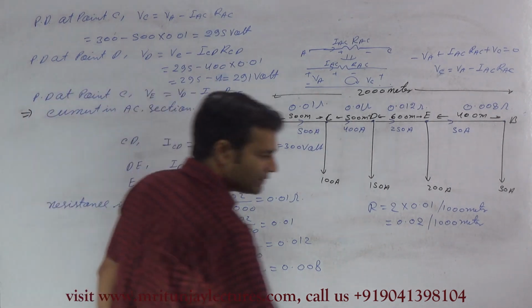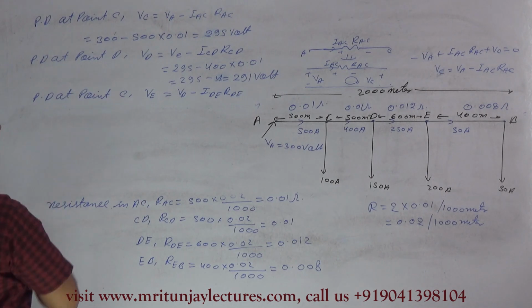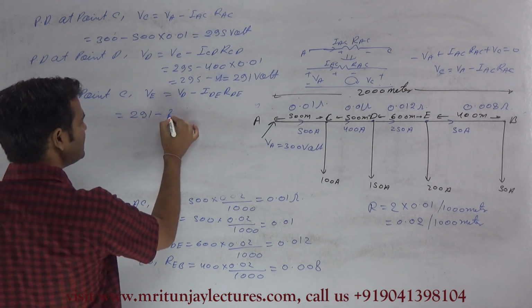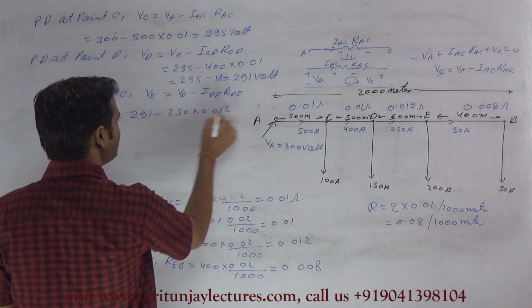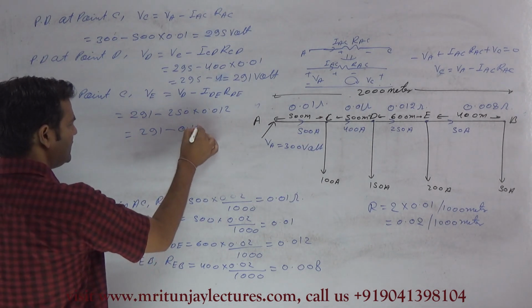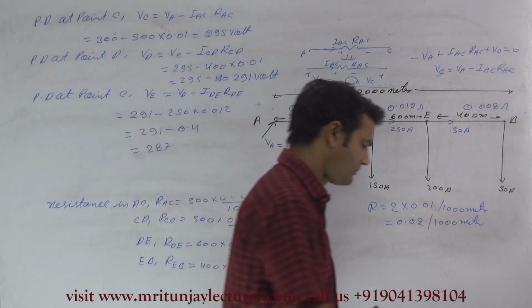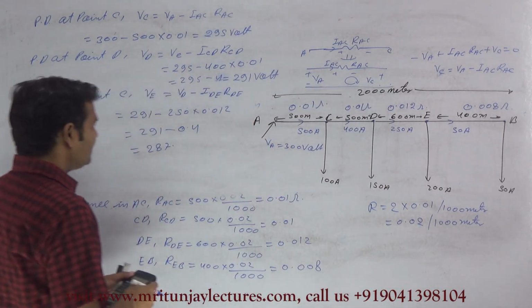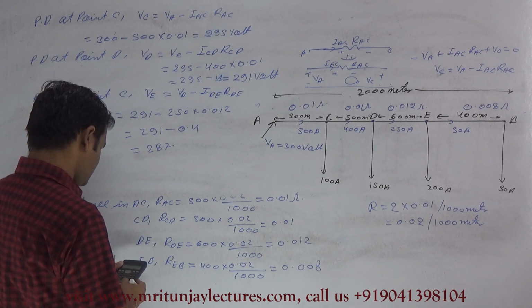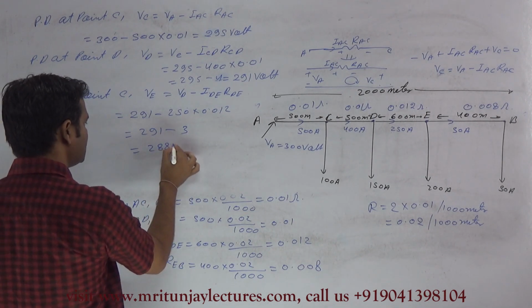So VD is 291 minus 250 into 0.012, which is 3, so that is 288 volt.